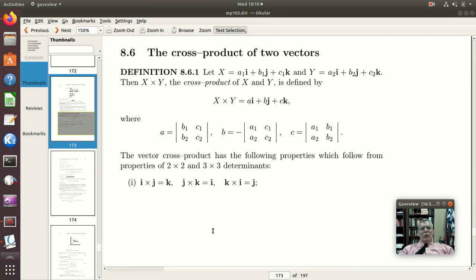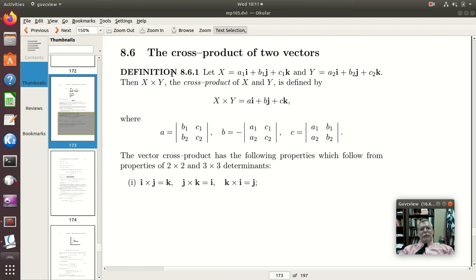Because one thing we've always said is 3 points determine a plane. You've heard that since ninth grade or something. And 1 point would be the origin, and then the other 2 points would be the heads of the two vectors. And so, yeah, I can always make a plane out of those two vectors.